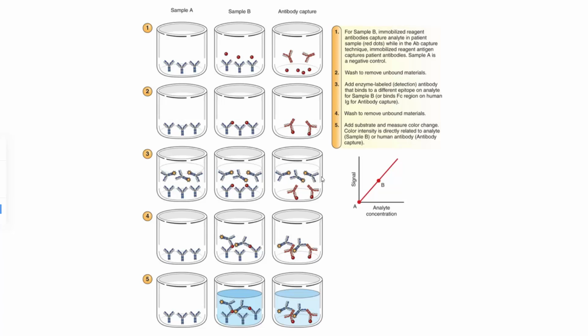With this secondary antibody being labeled, it's then going to bind to that primary antibody and then produce a signal. Now, if the antigen was not added, if this antibody was not found in the patient sample, then we would go through this whole process and this capture antibody or the labeled antibody would have nothing to stick to.